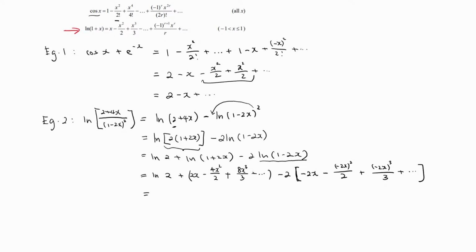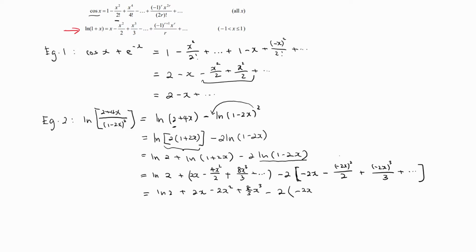So let's simplify this a little bit. We can expand this, or rather drop the brackets. So that will be 2x minus 2x squared plus 8 over 3 x cubed. After that, let's keep the minus 2, and over here we have minus 2x.